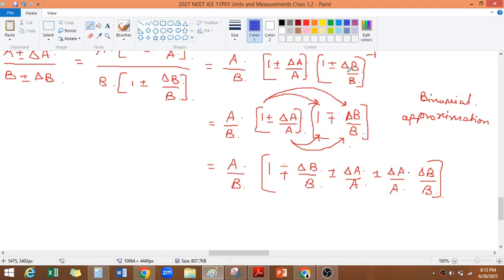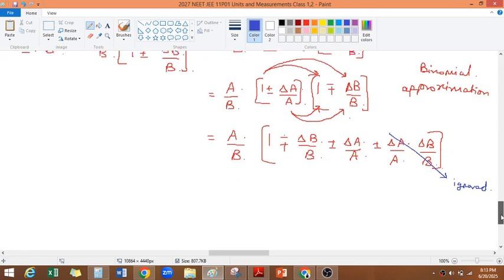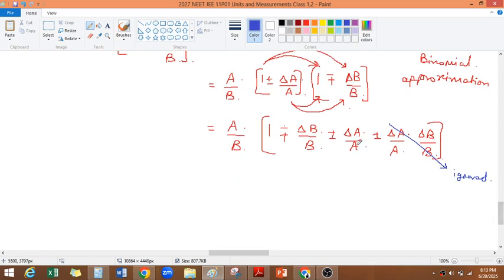As I told you in the previous derivation, whenever you see delta A into delta B, it will be like 0.1 into 0.1, so it will become 0.01. So this means this entire thing can be ignored. Okay, again all these things are approximations. That's how we do these derivations, because most of the time we try to make the expressions simpler.